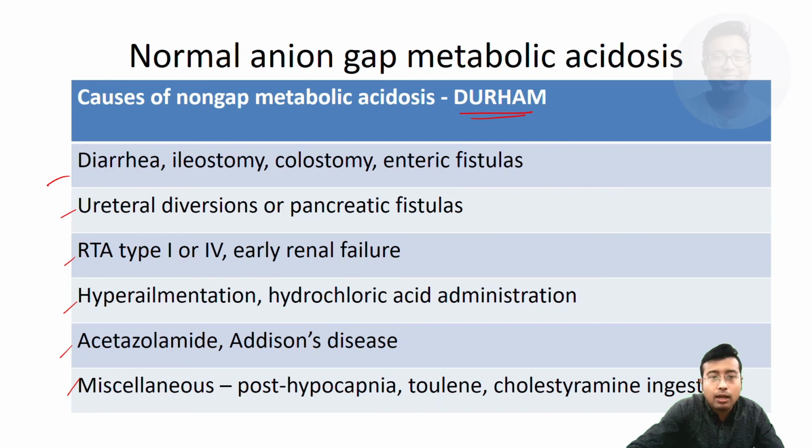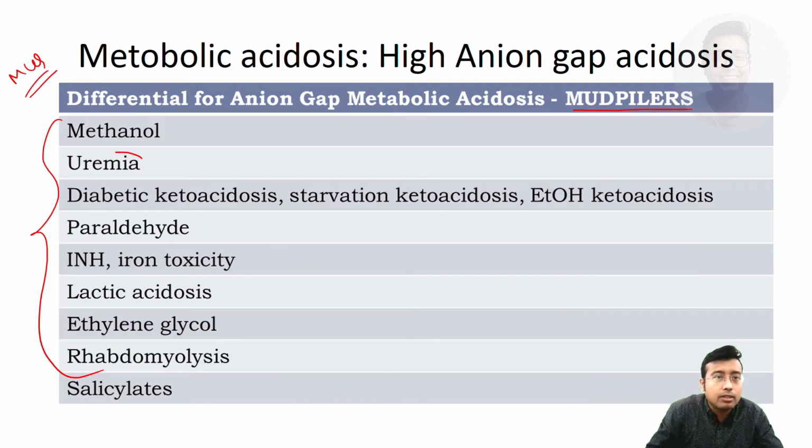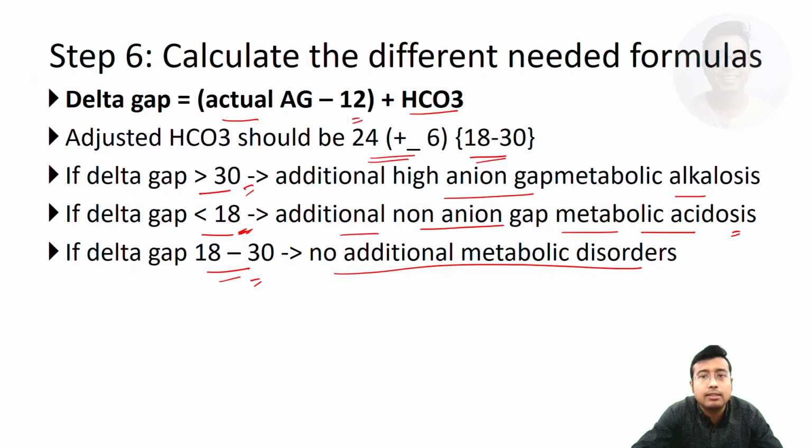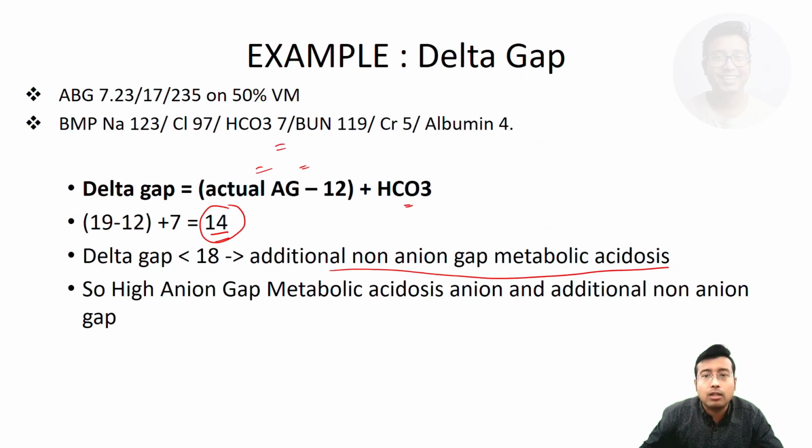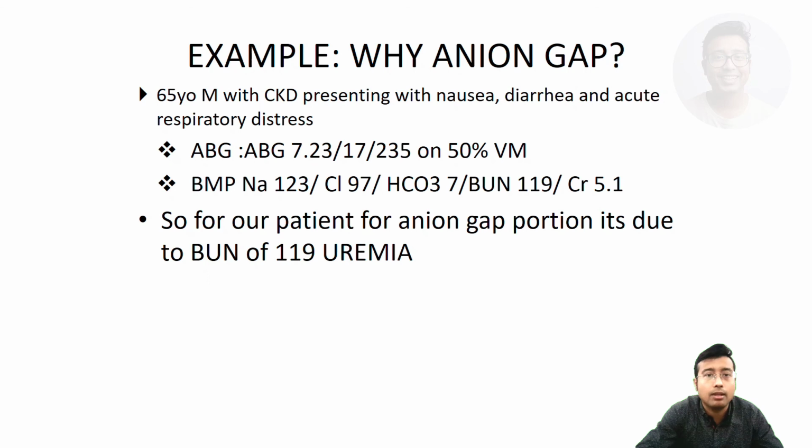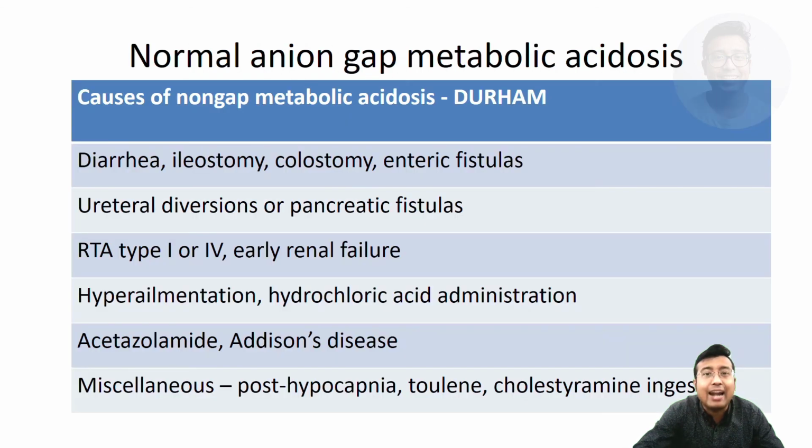High urea is the reason for this high anion gap metabolic acidosis. You see, uremia is a known cause of high anion gap, and the additional non-anion gap metabolic acidosis is due to diarrhea.